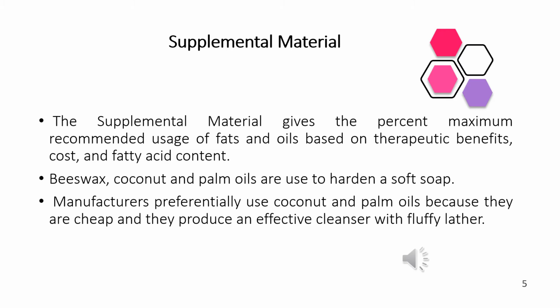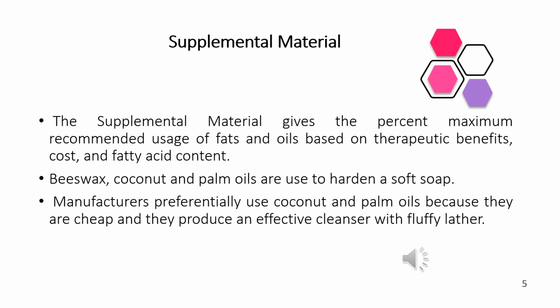Manufacturers preferentially use coconut and palm oil because they are cheap and they produce an effective cleanser with fluffy lather. So, the beeswax, coconut and palm oil have the effect that they harden a soft soap. To make an effective soap, the manufacturers prefer to use the coconut and palm oil in making of the soap because they have certain advantages.